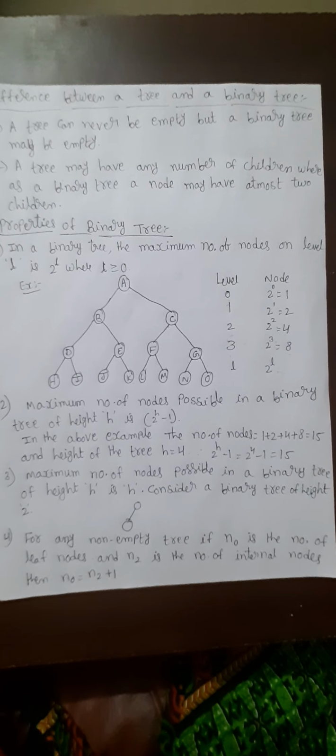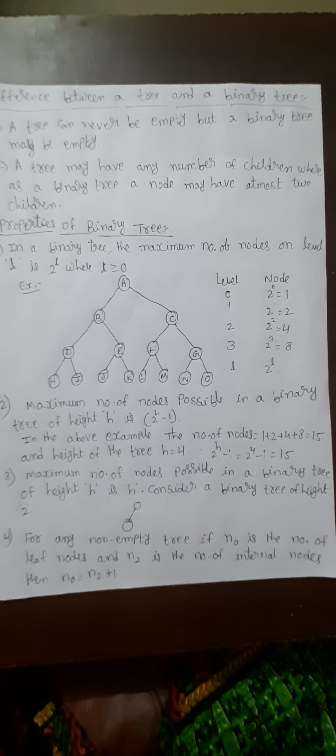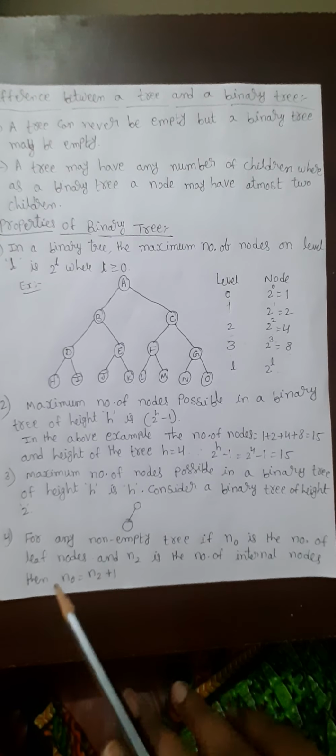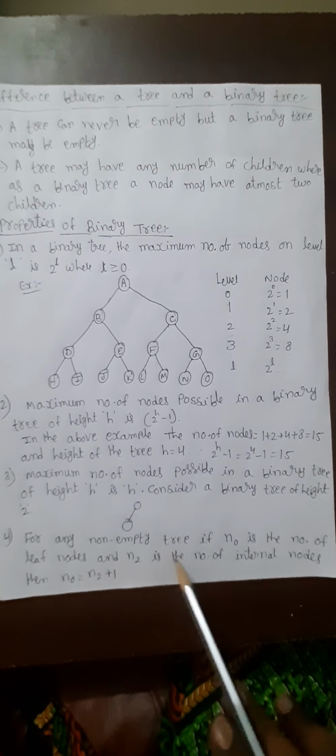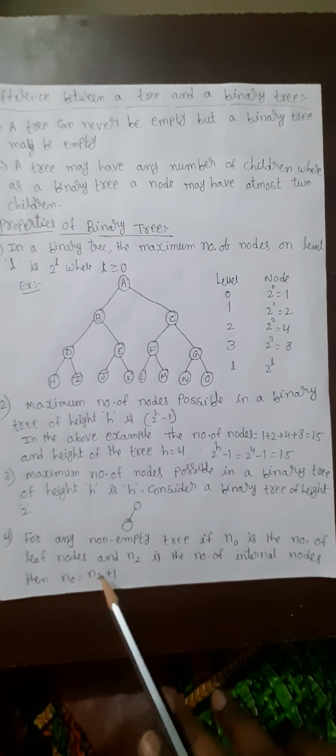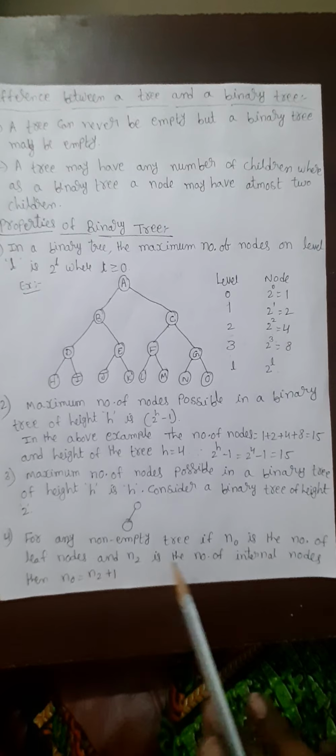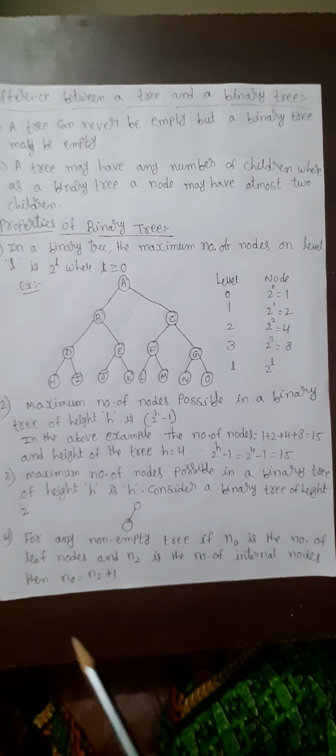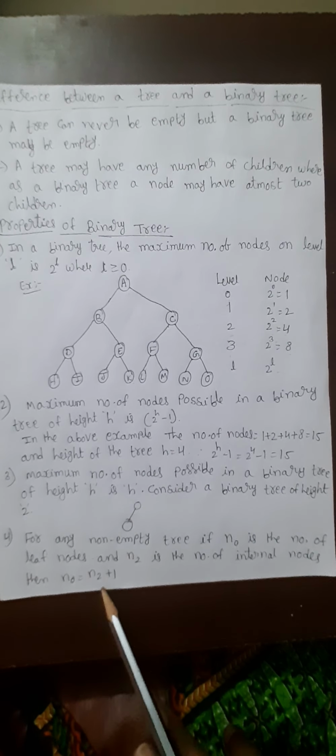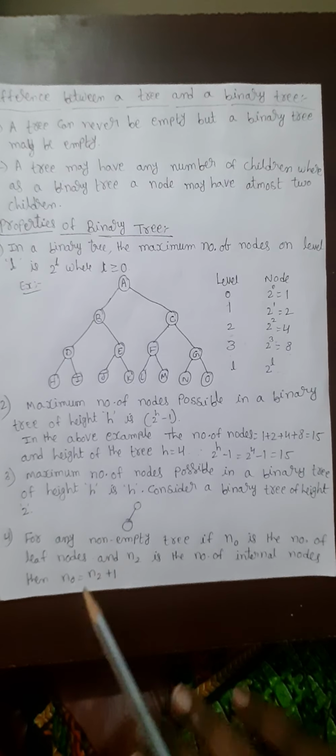And the third one, the maximum number of nodes possible in a binary tree. We have already seen that binary means at most 2, so we can define the height of the binary tree as 2. And for any non-empty tree, if n0 is the number of leaf nodes and n2 is the number of internal nodes, then n0 equals n2 plus 1.